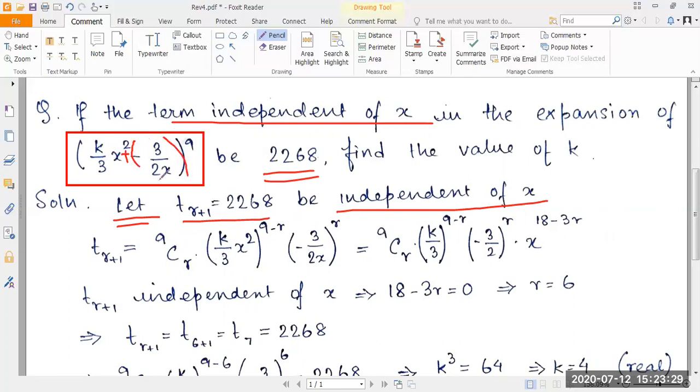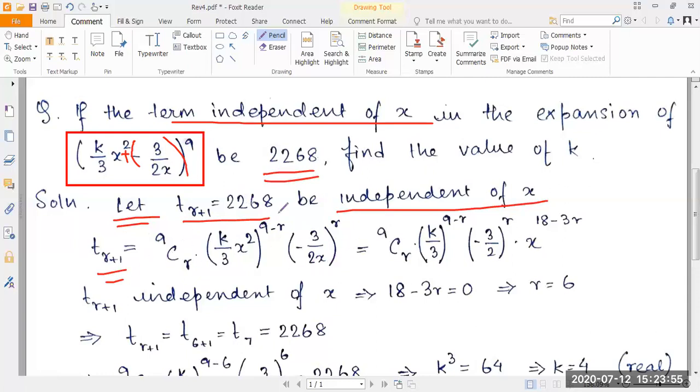We have taken this entire term as x. So we get T r plus 1 equal to 9Cr (k by 3x square) whole to the power 9 minus r, because here n is equal to 9, and we multiply it with (minus 3 by 2x) whole to the power r. So that's my T r plus 1, which is my r plus 1th term of the expansion.